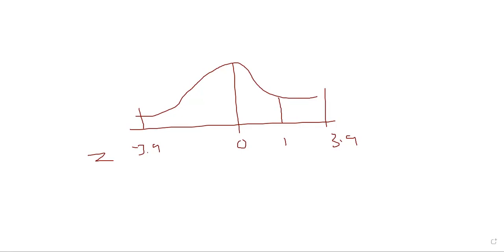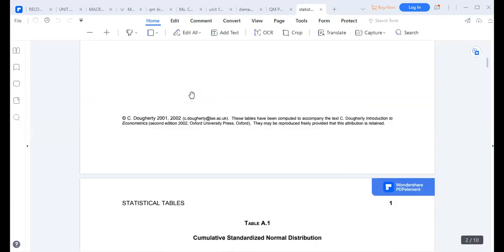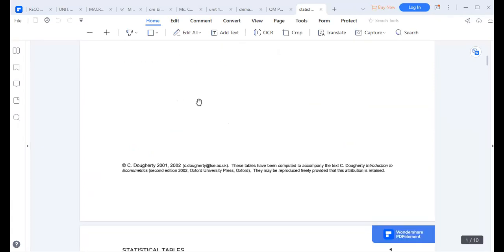So for your class, I'll take you through what is called the cumulative normal distribution table. So as you can see, it's showing you the readings that are starting from this side up to that side. So we need to learn how to read these tables. As you can see here, this is our normal cumulative distribution table.